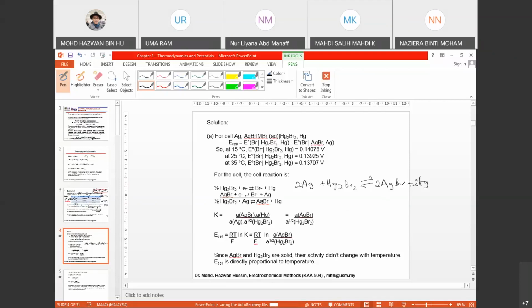For the cell reaction, we can divide it into half equations. This is the equation for the cathode, and this is for the anode, even though I wrote it in reduced form. At the cathode, Hg2Br2 plus electrons gives Hg.